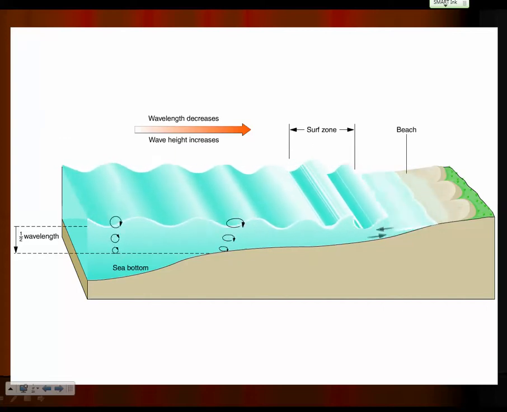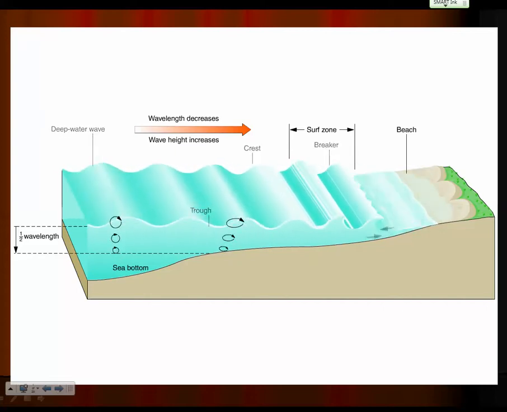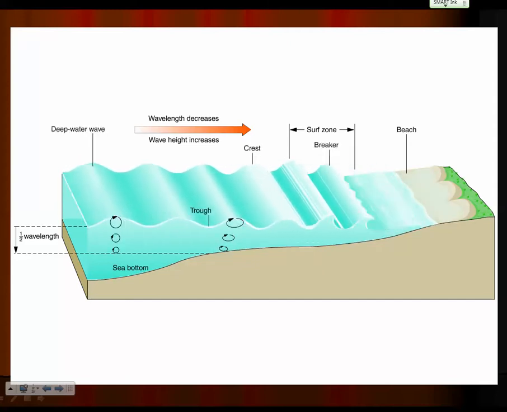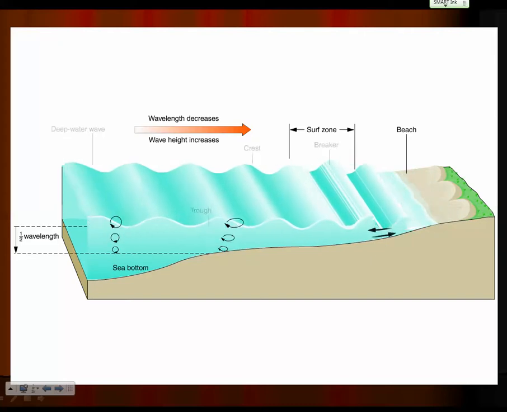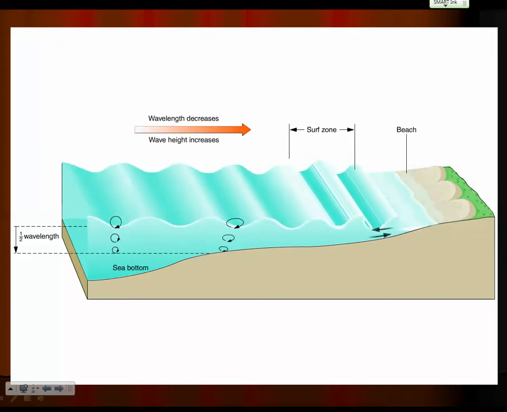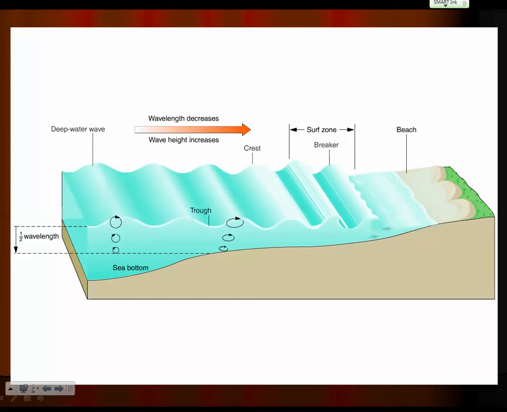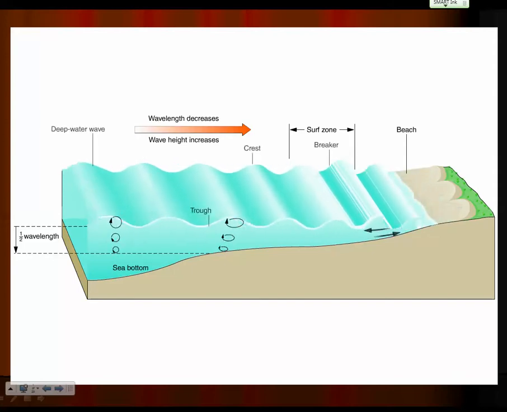And that slows that bottom of the wave down, whereas the top is unimpeded for the most part, and it keeps rushing forwards. So the wave starts to tilt, and this causes the crest of the wave to start to build in height as the wavelength shortens. And then eventually, it can't do that anymore, and gravity takes over, and in the surf zone, the waves break, and they usually break up onto the beach.